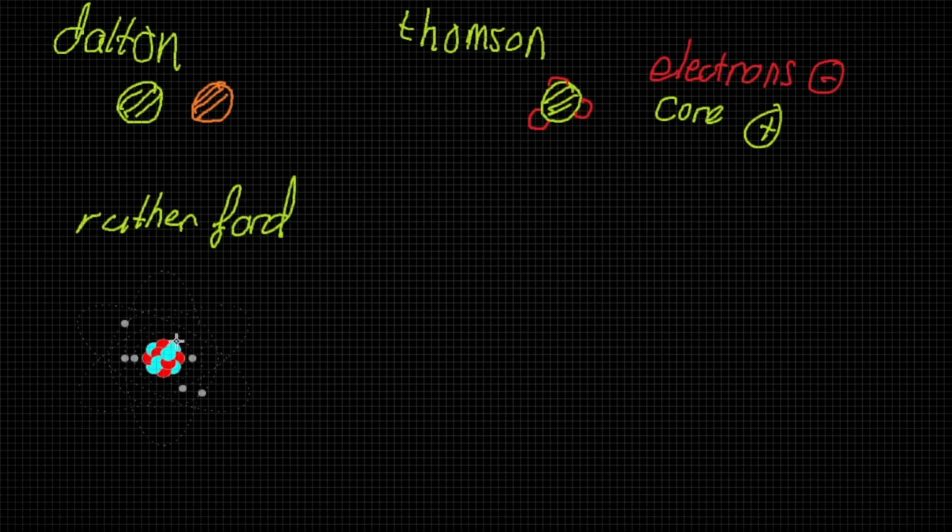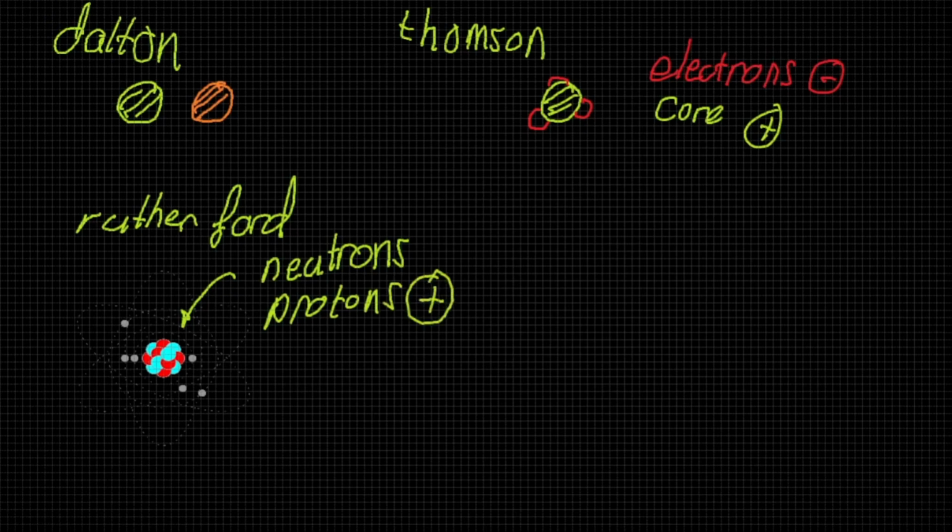But you see it has a core, which is this central part. And this core, according to the Rutherford model, has neutrons, which don't have a charge, and protons, which are positively charged.